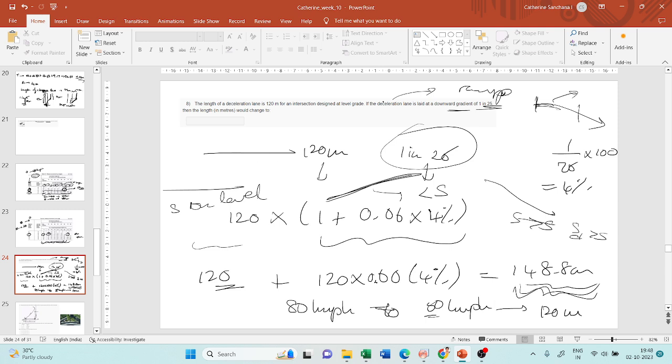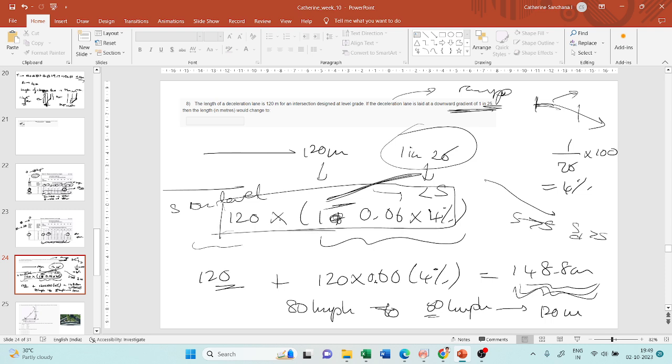Similarly, for an upward gradient you have a similar formula, but there you will use a negative value, a minus sign, because as I told you, with an upward gradient it is easy to reduce the speed against the action of gravity. Whereas if it is towards the action of gravity, then it will require a longer distance than on the level grade. So this is just some basic theory behind it.